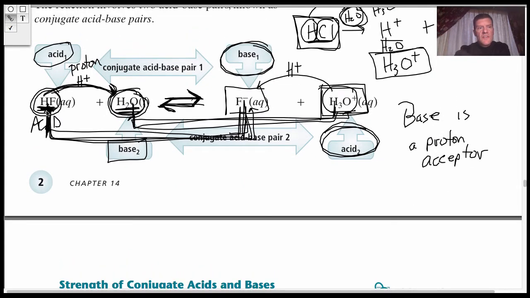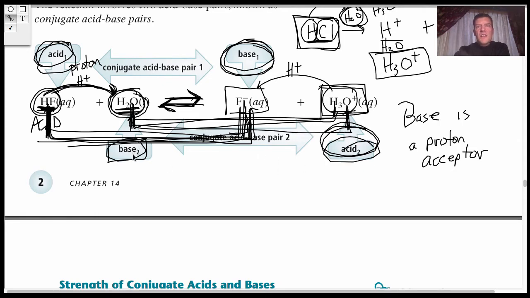Okay? So the HF and the F negative are a conjugate acid-base pair. And the H2O and the H3O plus is another acid-base conjugate pair. They go together. Okay?